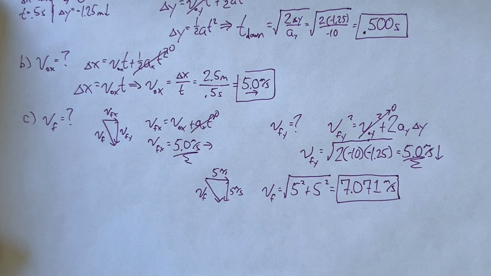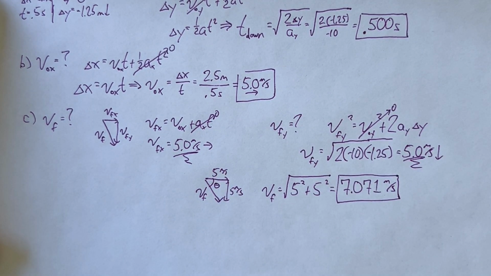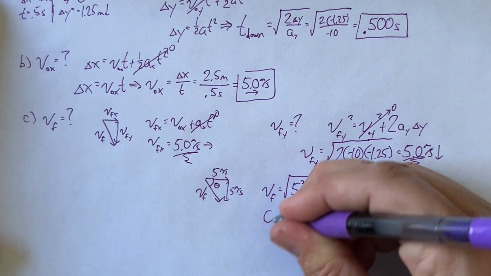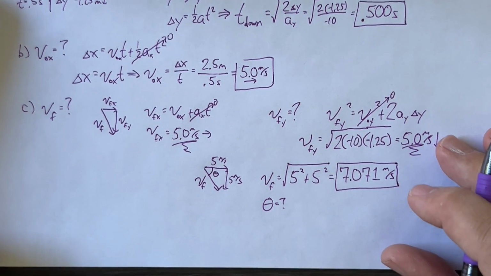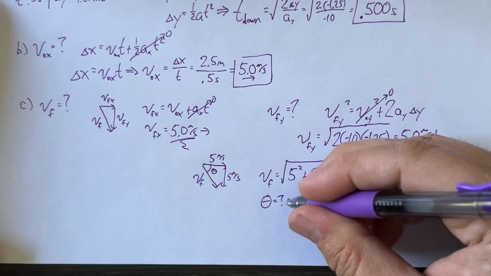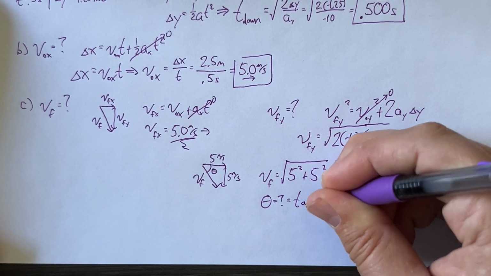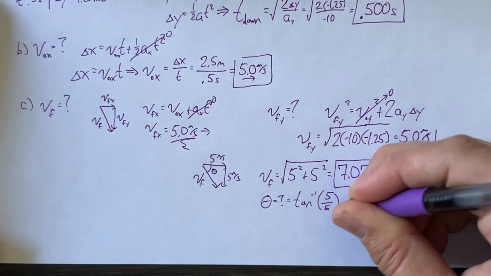is my magnitude. And that should be ringing a bell there that, oh, well, we have a little more to do because we need to find the direction. And by direction, we mean angle. So to find this angle with our opposite and our adjacent, it's going to be inverse tangent of our opposite, 5, over adjacent, 5.